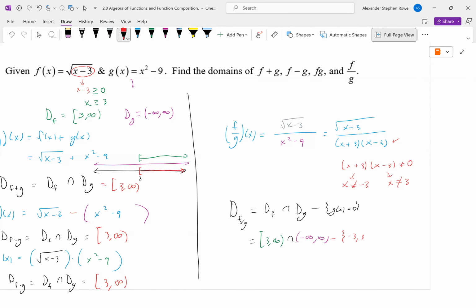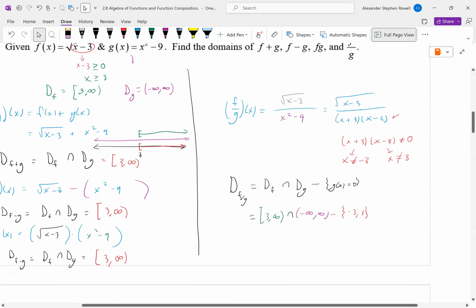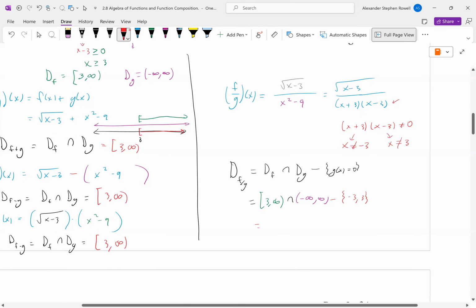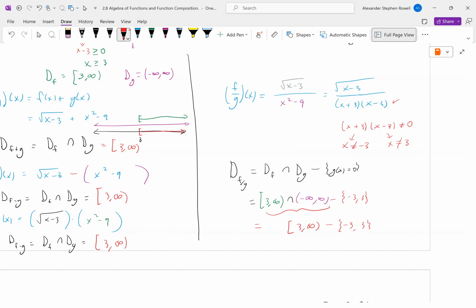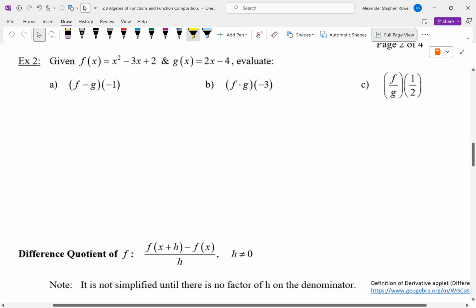Negative 3 and 3. So that intersection was what? Just 3 to infinity. So what do we need to throw out? Just 3, right? Because negative 3 is not in there. So we need to throw out 3. So our domain is 3 to infinity with a parenthesis. Any questions about that?